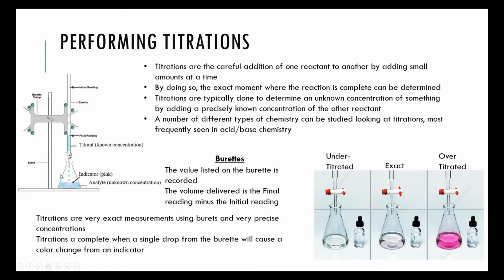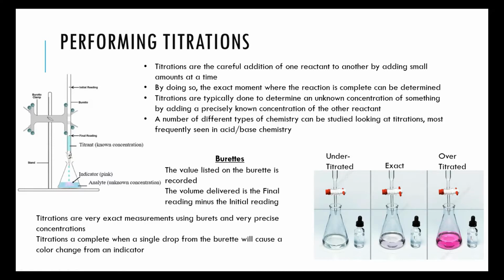If you know the volume of what is in the flask and the concentration, you know how many moles of what is in the flask. If you know the concentration of what's in the burette and how much solution was drained out of the burette to perform the titration, you can solve for the number of moles that was delivered.